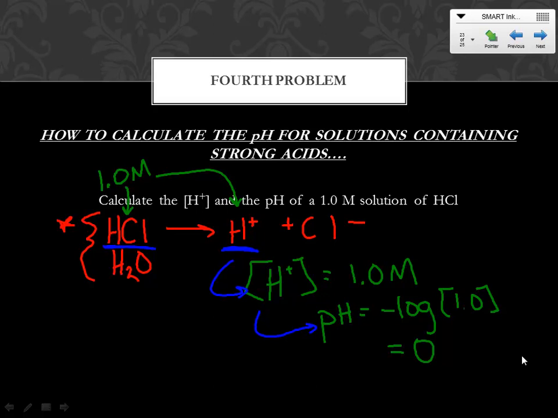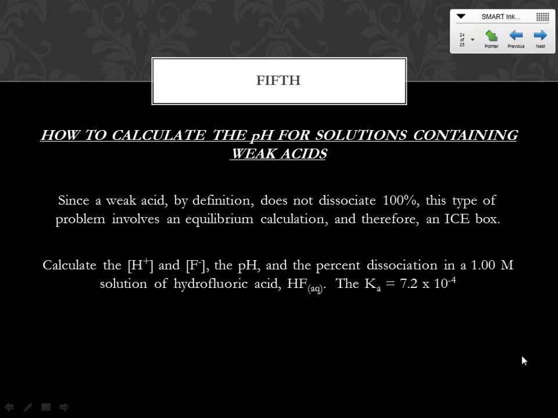All right. The trouble arises when we move on to calculating the pH of a weak acid. Because if you remember, we don't know how much a weak acid is going to dissociate until we perform an equilibrium calculation. Okay? So let's try to calculate the H+ and F- and the pH in percent dissociation in a 1 molar solution of hydrofluoric acid given a Ka value of 7.2 times 10 to the minus 4th.